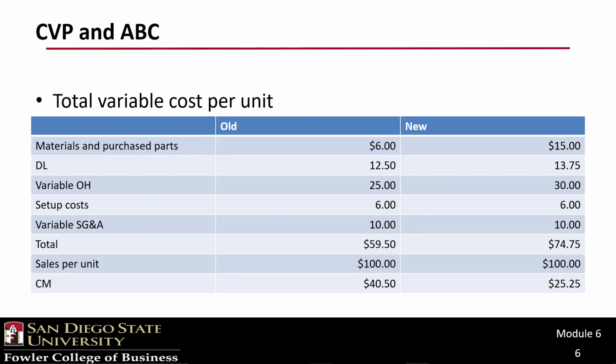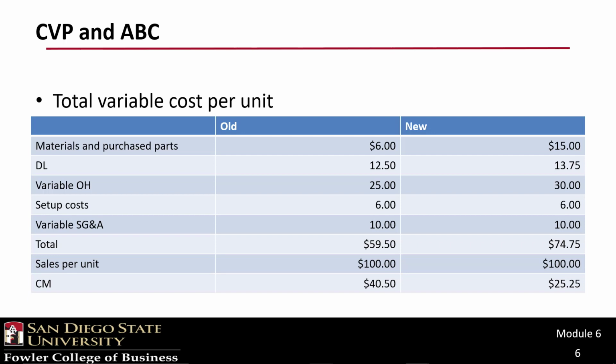We also include the variable SG&A, because remember, under a cost volume profit analysis, we need to capture everything as either a variable cost or a fixed cost. So our total variable costs under the old system were $59.50. Total variable costs under the new system are $74.75. Each product got sold for $100 each, so you can see the contribution margins calculated under the new process and the old process.